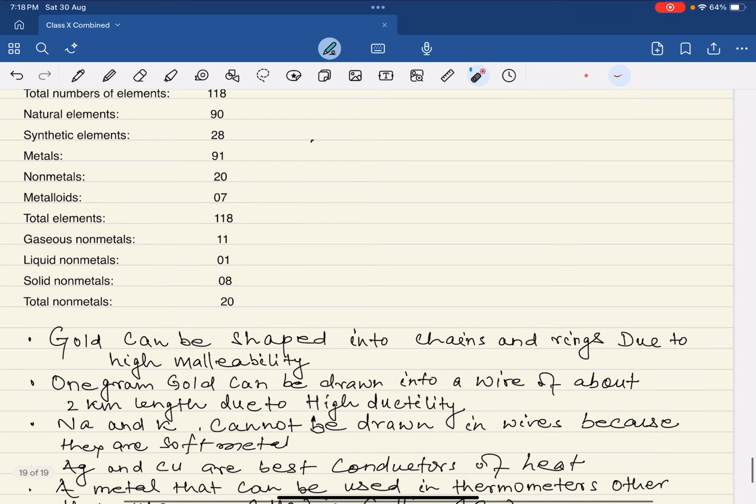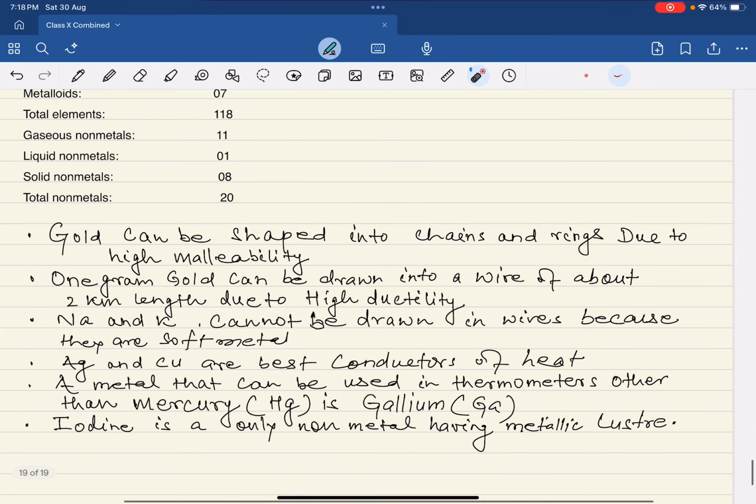Then some more facts which are generally used in examinations by question paper setters: which one is most malleable, which have high melting and boiling points, what is the use of copper, what is the use of silver. First point, gold can be shaped into chains and rings due to high malleability.